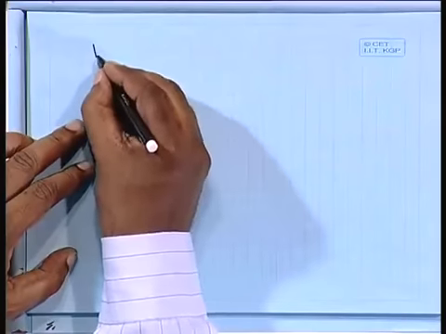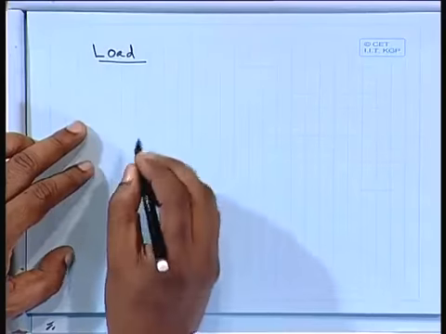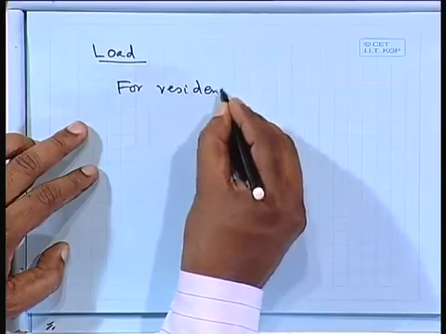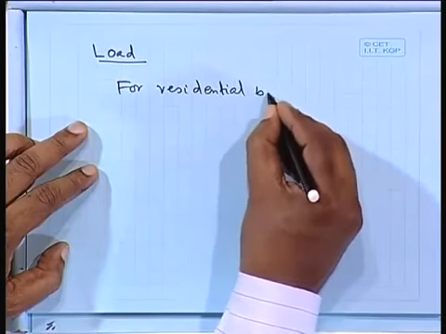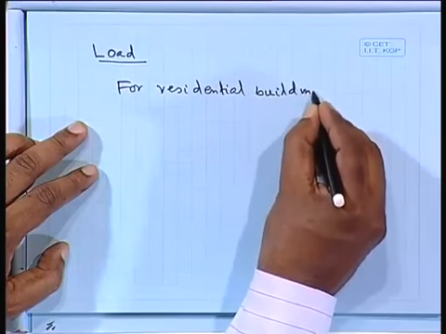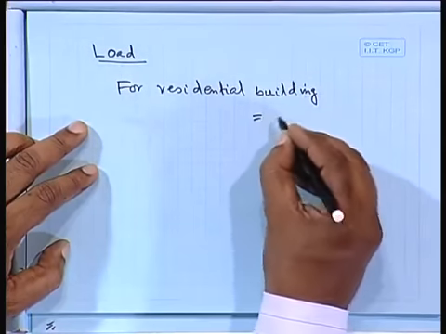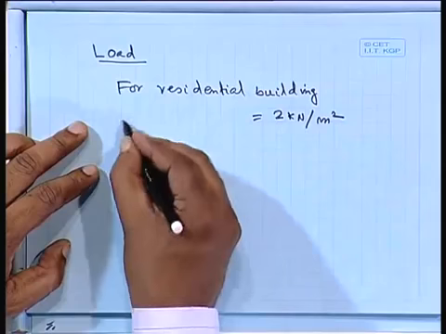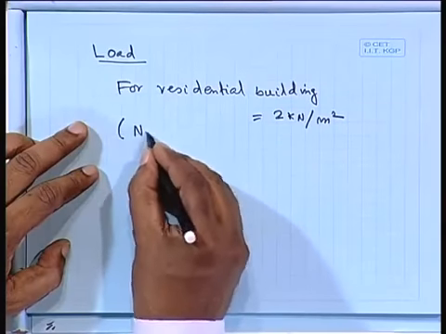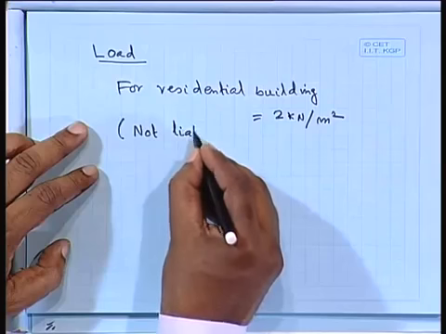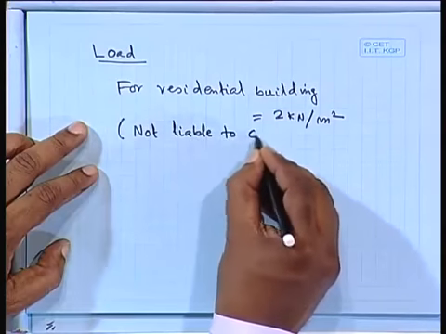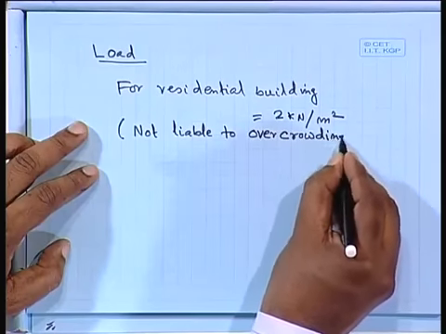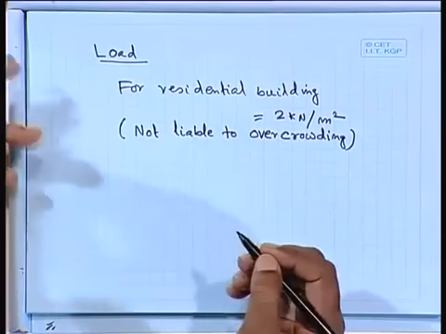What about your load? For a residential building we shall consider 2 kilonewton per square meter, and there is a restriction, not liable to overcrowding. That means the staircase will never be overcrowded.